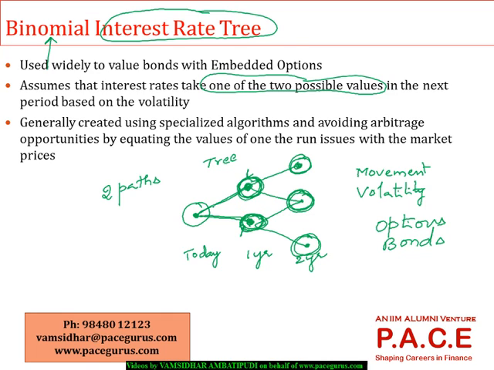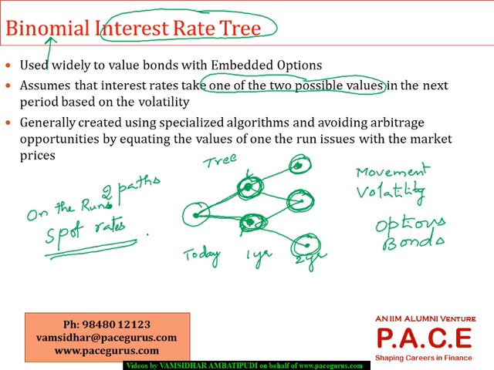So I can use the existing prevailing spot rates, or even before that, I will pick up all the on-the-run securities, and using these on-the-run securities and the bootstrapping mechanism, I can derive the spot rates for all these periods.